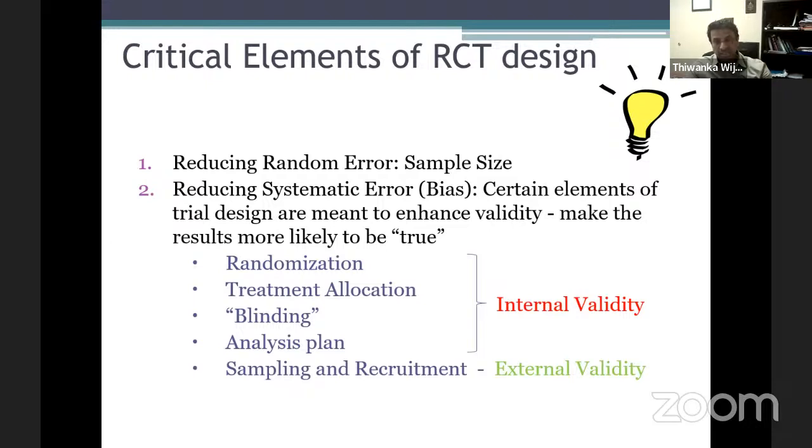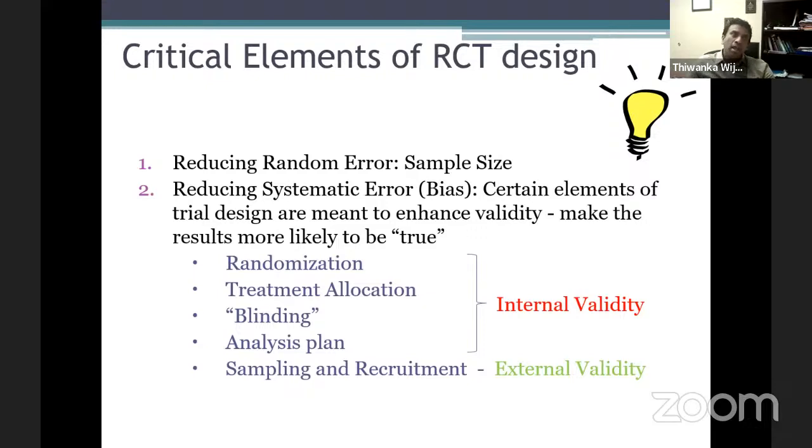What that means is, me as the clinician, if I have patients coming in to be enrolled to a trial, and the patient who walks in, if I know that this next patient is going to get treatment A, I'll be biased there because I'm like, oh, this patient I know personally, treatment A I feel is not as good as treatment B. So there you're introducing a bias. So the treatment allocation should be predetermined irrespective.